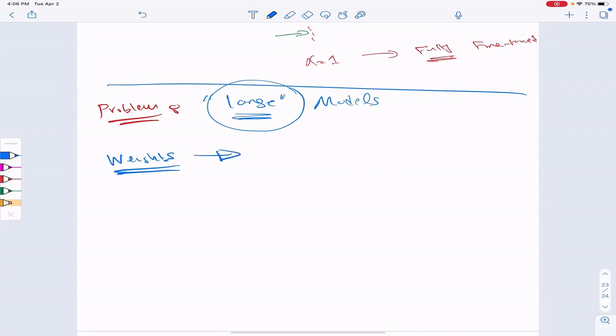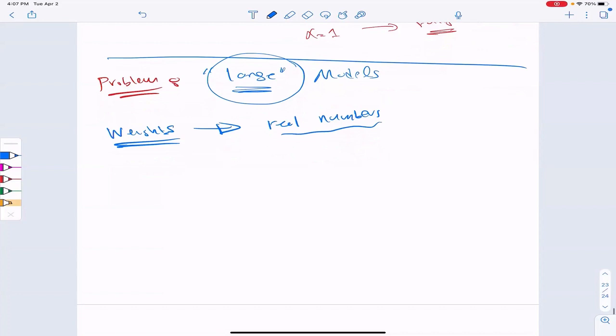In many cases, these weights are real numbers. So we need to basically store some real numbers, and perhaps the most common format for storing real numbers is float 32. That's the format that we use to store real numbers in many instances.